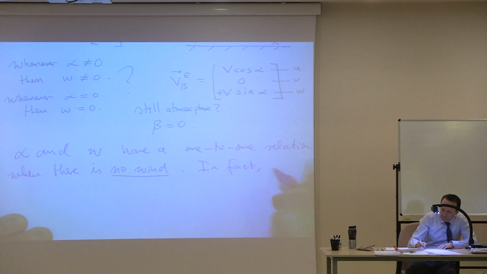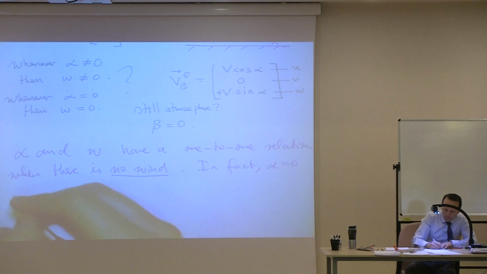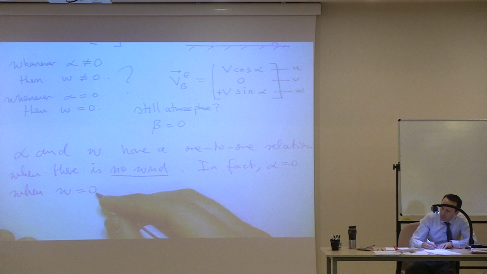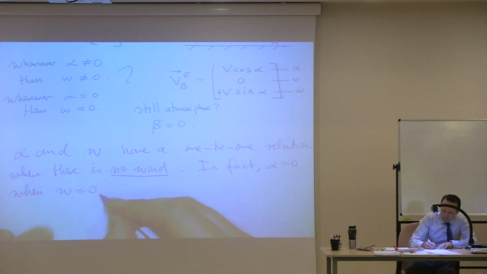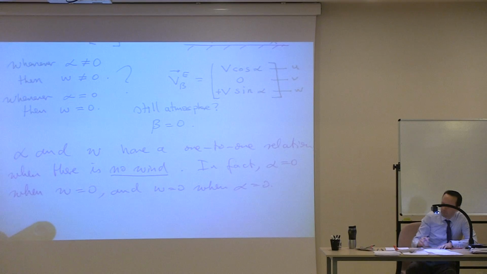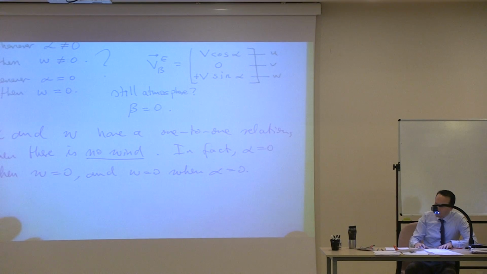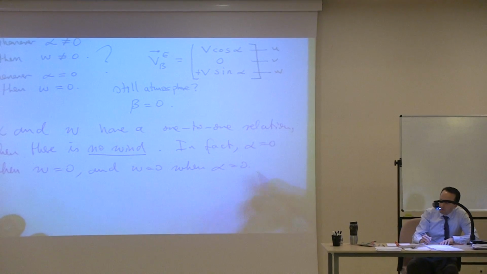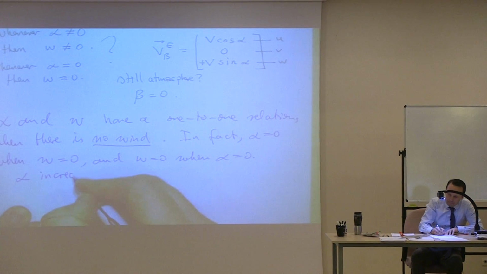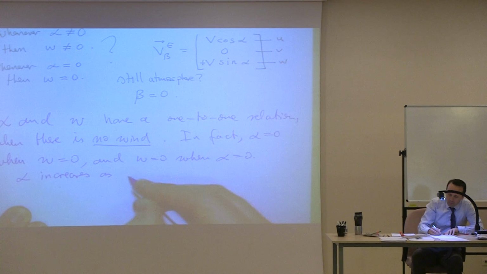In fact, alpha is equal to 0 when w is equal to 0, and w is equal to 0 when alpha is equal to 0. So it's an if and only if situation. There's 0 if and only if the other one is 0. Alpha increases as w increases.